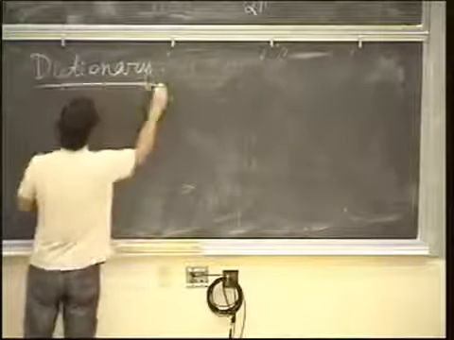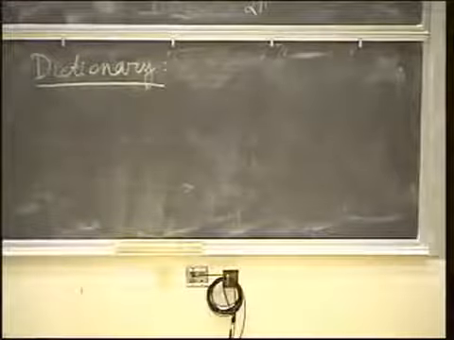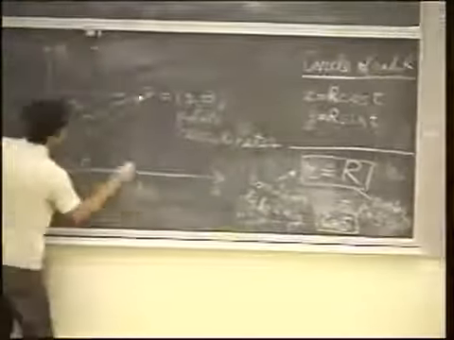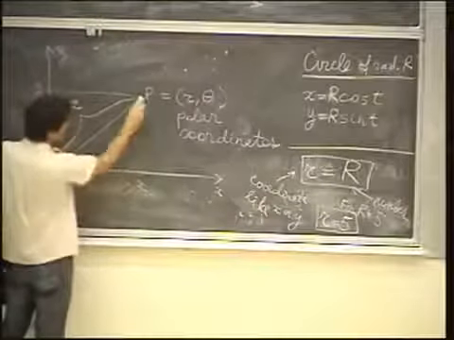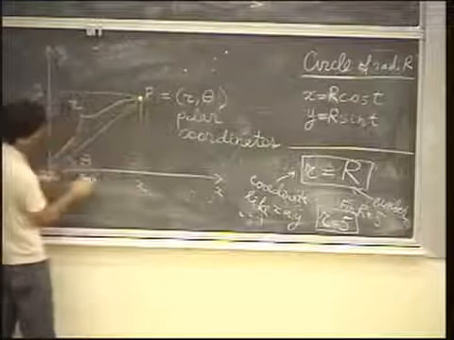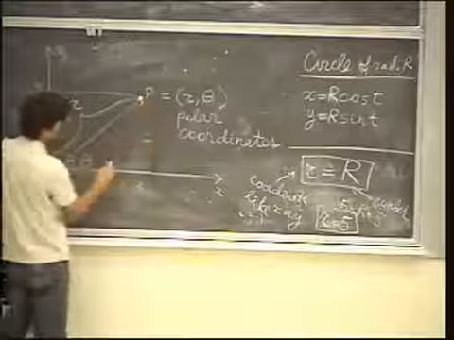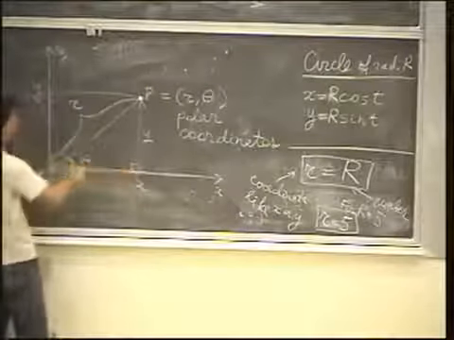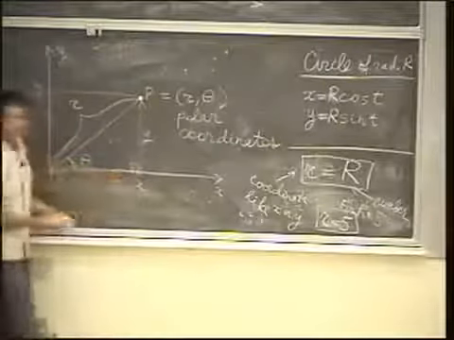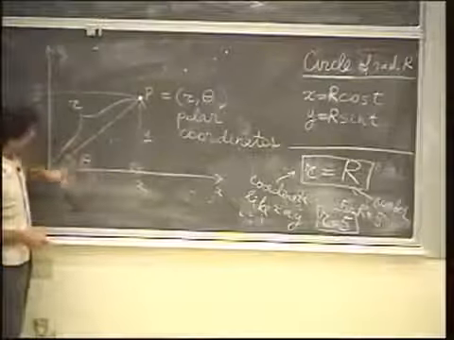So the dictionary is very simple. For this, we need to remember how the x and y coordinates are obtained. So this is x and this is y. And so now we see very clearly how to find what x and y are, because x and y are two sides of this triangle in which one of the angles is 90 degrees, or pi over 2, the right angle, and another angle is theta.